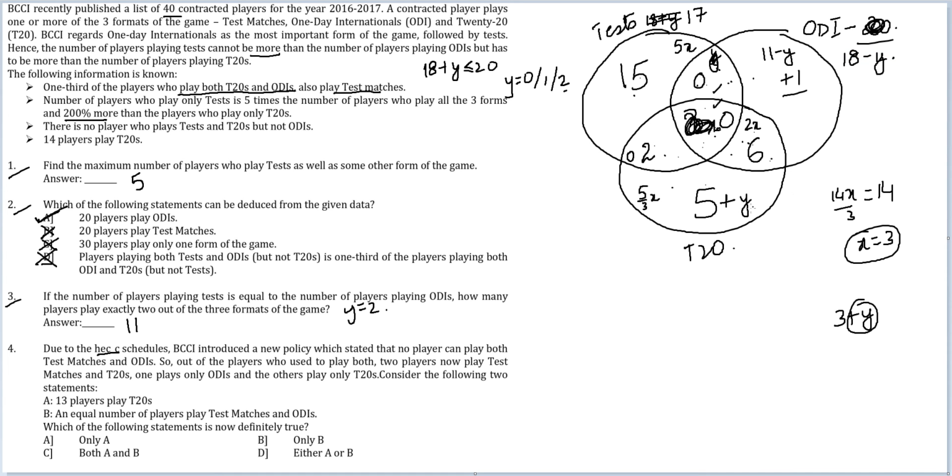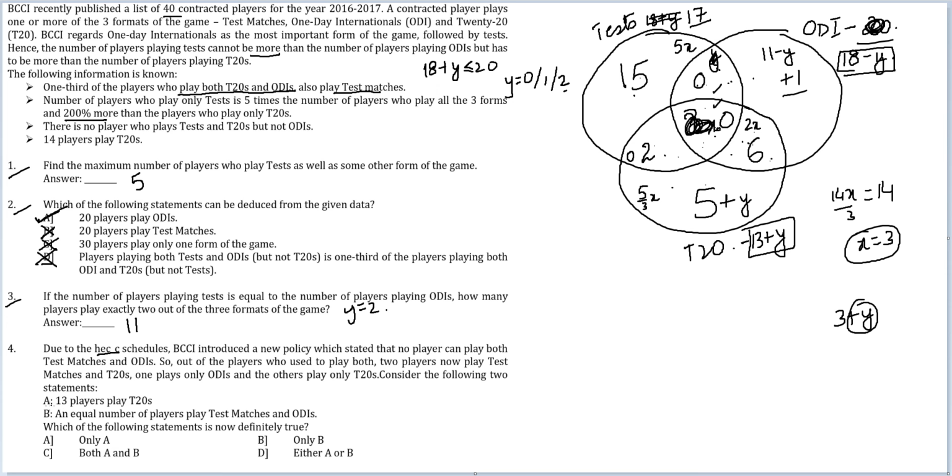And how many people will play T20? 2 plus 6 plus 5. So it will be 13 plus y. 13 plus y and 18 minus y. These are the totals for T20 and ODI. For test, the total will be 17.